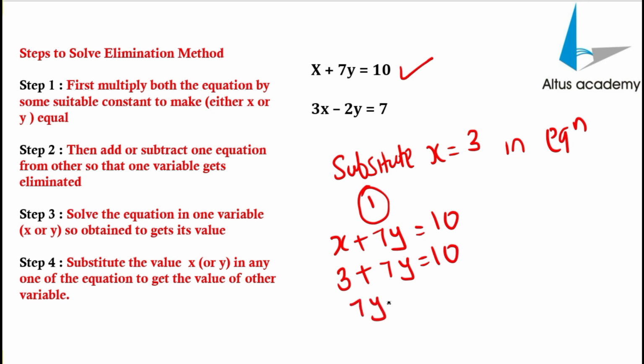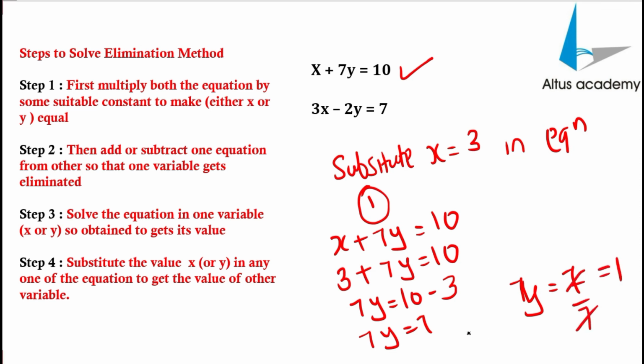So 7y is equal to 10 minus 3, so 7y is equal to 7. I get y as 7 upon 7, which comes out to be 1. So y is equal to 1.